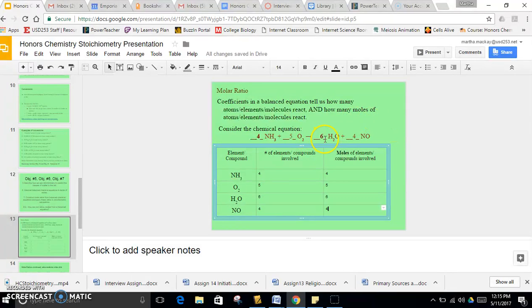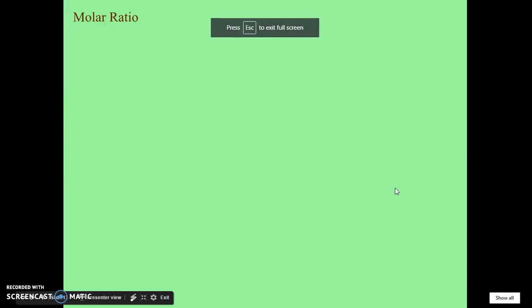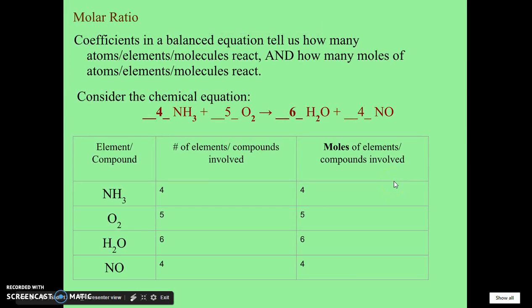Or if I said I'm going to make 6 moles of water, I can use the molar mass of water and convert that to grams to figure out how much water I will make. I can also figure out how many grams of NH3 and how many grams of O2 I need to make this reaction go. So it's kind of interesting that we can take just this simple thing of a mole and put it all together into changing it to grams, making it something useful.